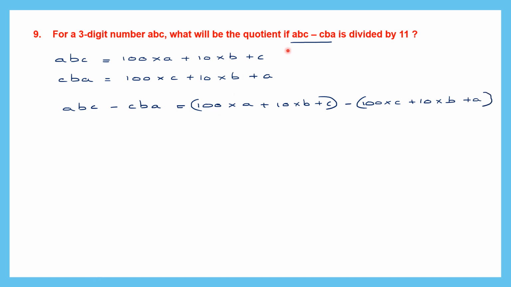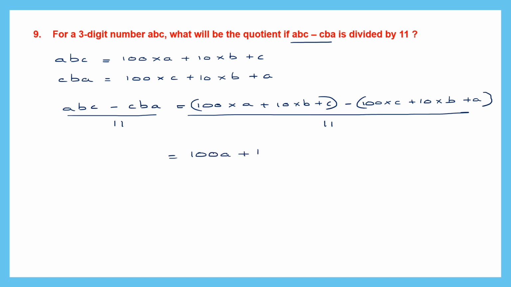So this is what we have done. This part we have written the expanded form. Now divided by 11. So here we are dividing this by 11. That means this whole thing is divided by 11. So now we are going to simplify this. We're going to remove the brackets. So that will be equal to 100 into A makes it 100A plus 10 into B will make it 10B plus C minus, now here 100 into C is 100C plus 10B plus A, divided by 11.